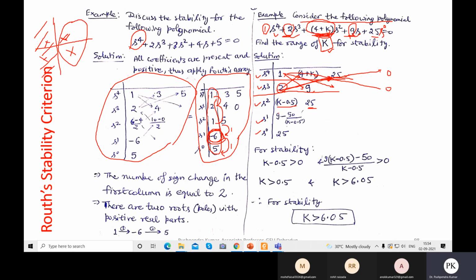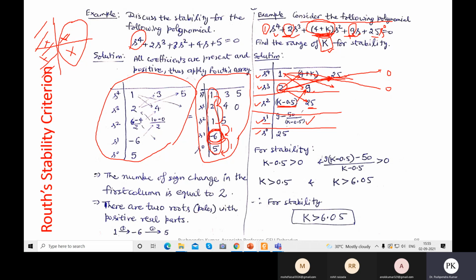Third row is completed. Now come to the fourth row. What do you do? You multiply this to this, minus this to this, and divide by this. When you perform this operation, you get this expression.